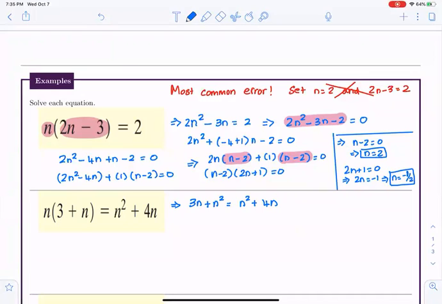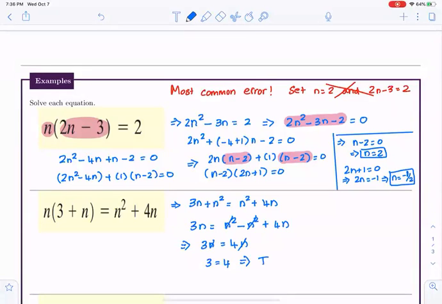Let me move the n squared to the other side. We have 3n is equal to n squared minus n squared plus 4n, which would mean 3n is equal to 4n. N gets cancelled, and we have 3 equals 4. In this universe, 3 cannot equal 4.